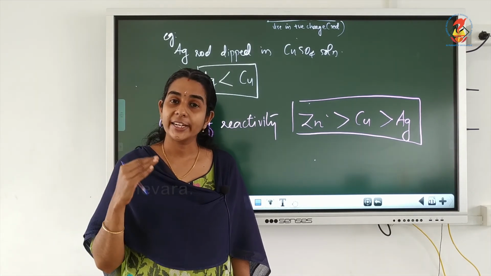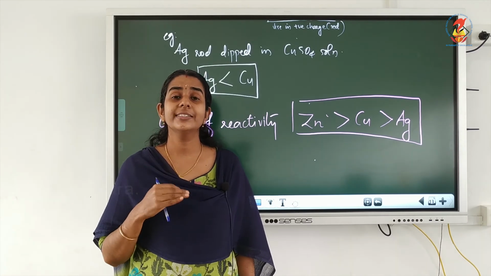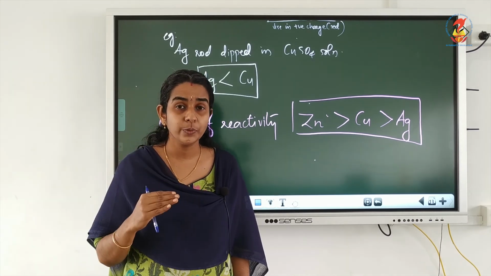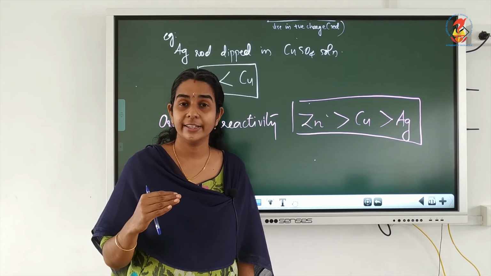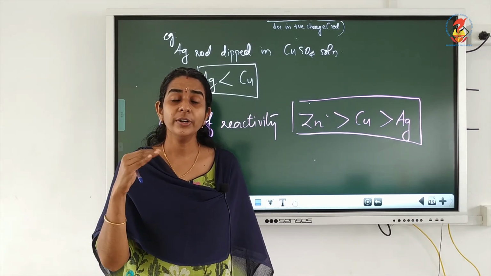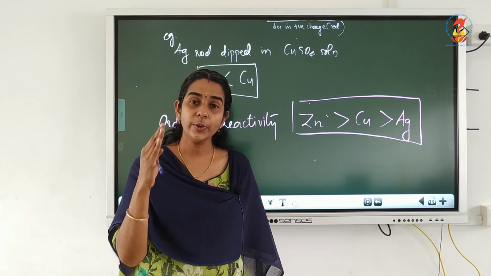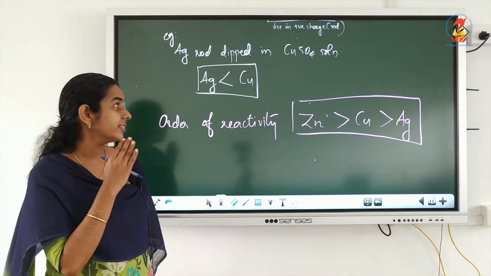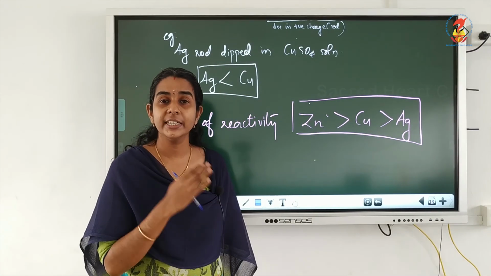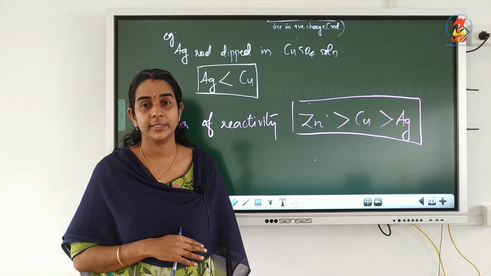Electrochemical series or activity series or reactivity series means the series in which the metals are arranged based on their order of reactivity. And how we assess the order of reactivity is based on this competitive electron transfer process.